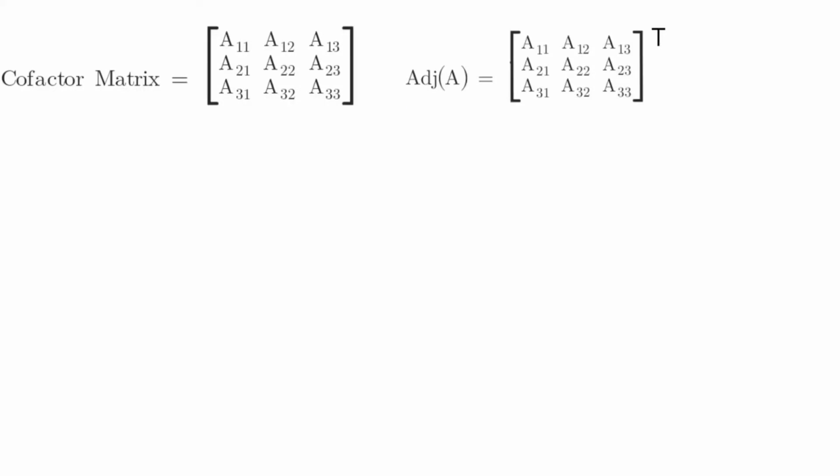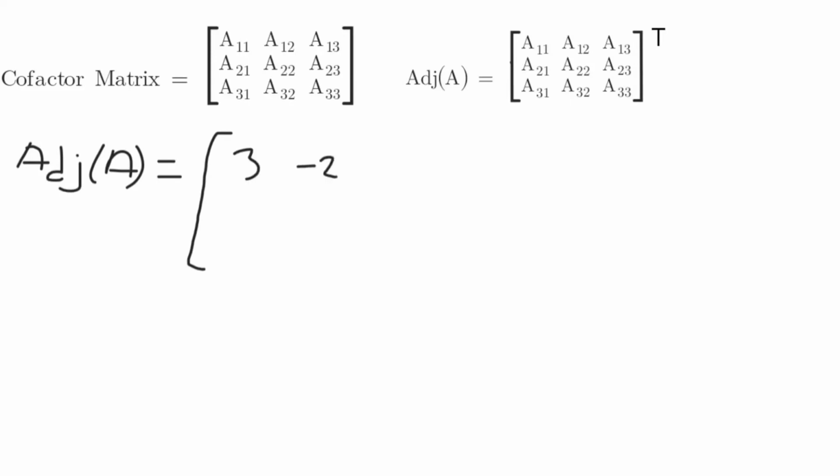Let's substitute the values of cofactors here. So ADJ is equal to 3, minus 2, 3, 15, minus 4, minus 3, and minus 15, 10 and 3, transposed.